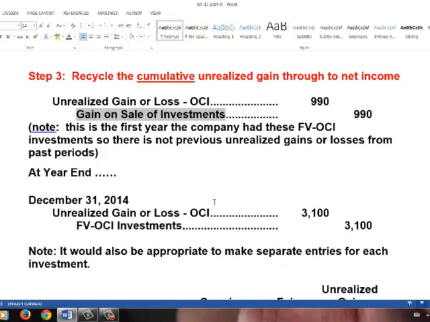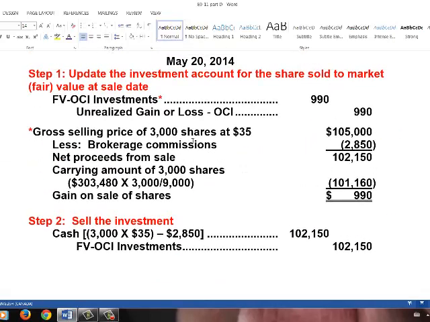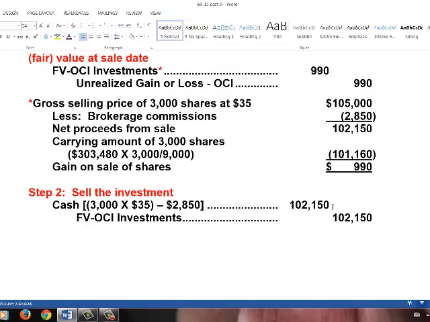So now, at the year end, that concludes this section of it. Those are the three entries that you need to do in this question in order to adjust, first and foremost, our Nirmala shares to its net proceeds value, which is 102,150, sell the investment, and then recycle this 990, or the cumulative unrealized holding gain or loss, which we've only got for 1 year because we've only been holding this investment for 1 year.